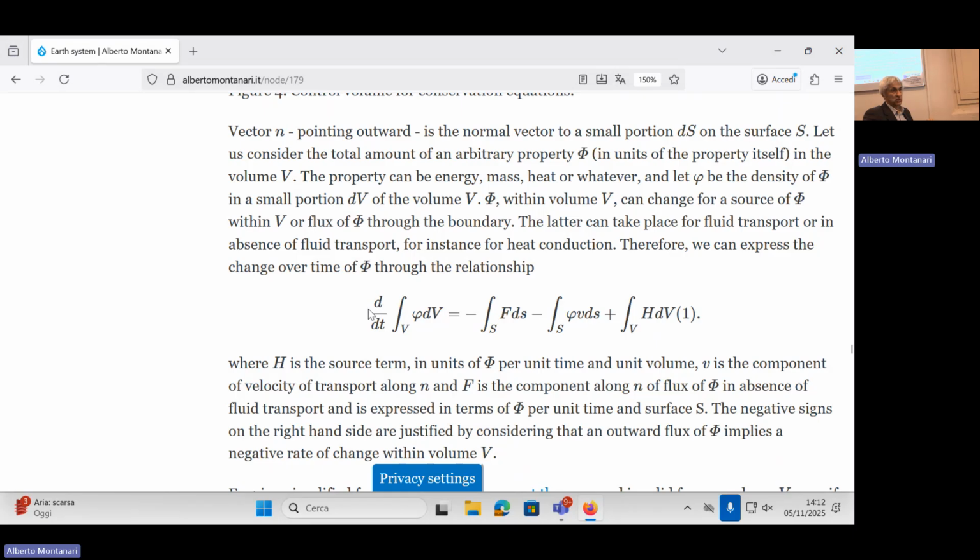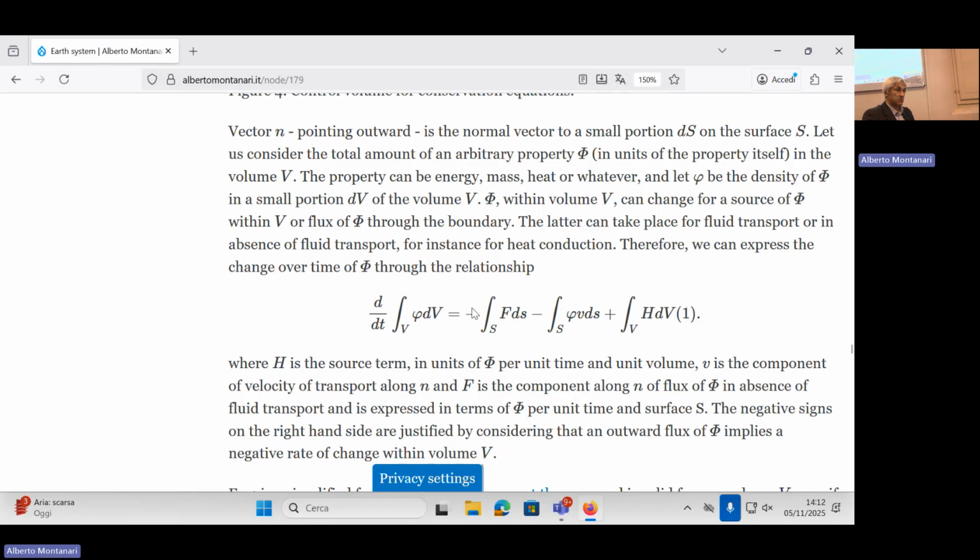So we have a change in time of the integral of mass density over the volume. We assume here that mass density can vary inside the volume. If not, we can just remove the integral and say a change in time of mass density times volume, okay?